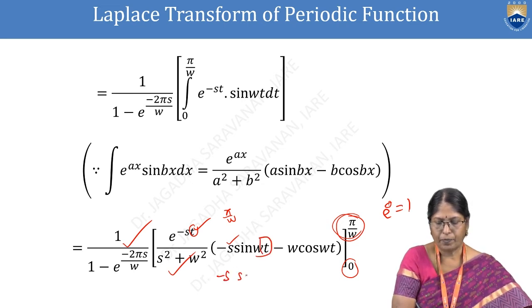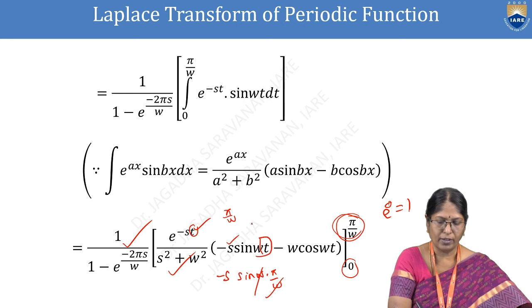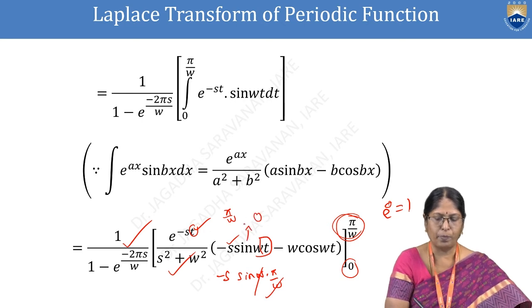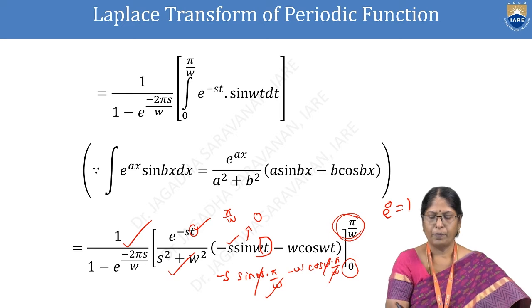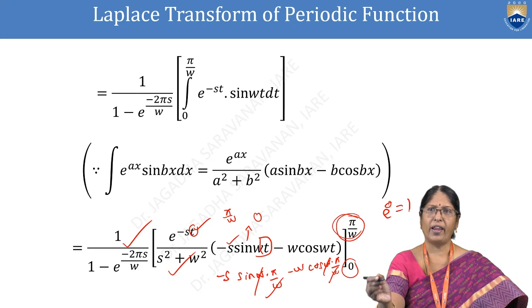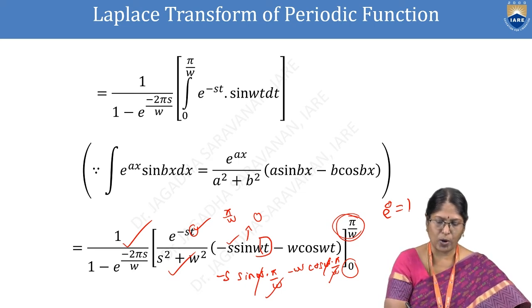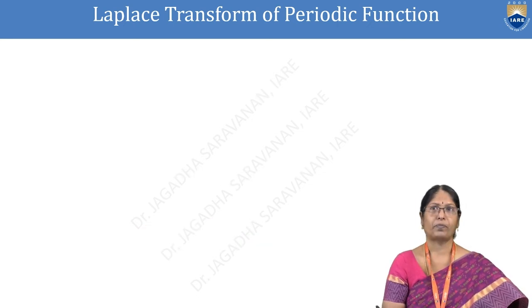It will become sine w into pi by w. This cancels. Sine pi we know, so completely it is going to be 0. This part, minus w cos w into pi by w, cancels. Cos pi, that is cos 180, is minus 1. Minus 1 into minus w will become plus w.